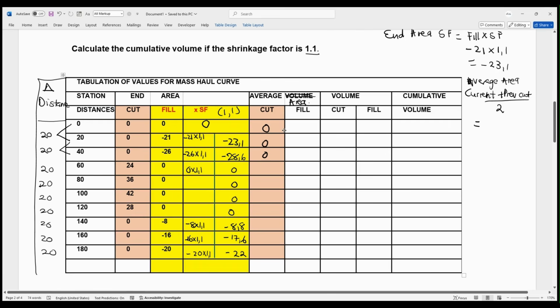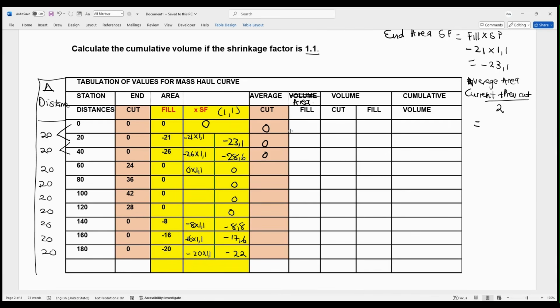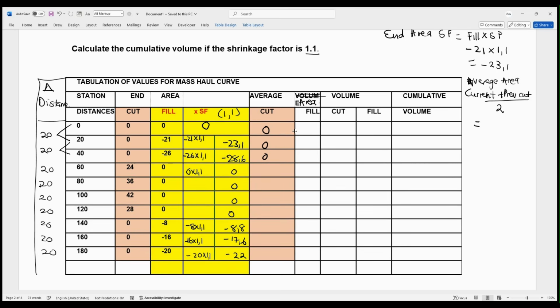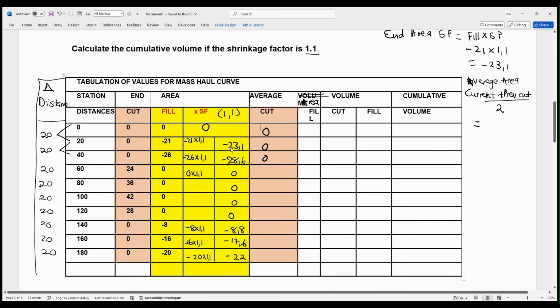Let's get to the next part. Let me enlarge this a bit for the calculations. The current is 24, plus the previous 0, divided by 2. The answer is 12.